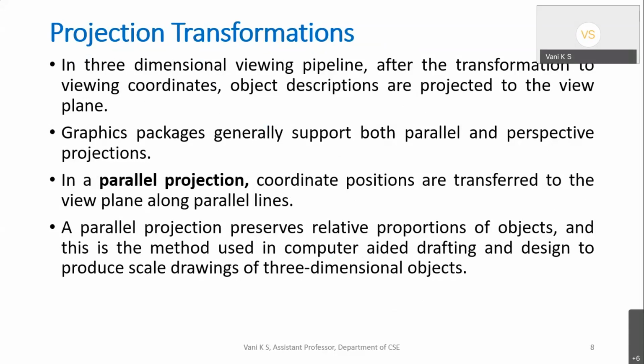So then we need to calculate the projections. That is, the 3D object has to be transformed to 2D on the screen. So for that we require projections. And whatever graphics packages you have, whether it is OpenGL or any other, they support both parallel and perspective projections.